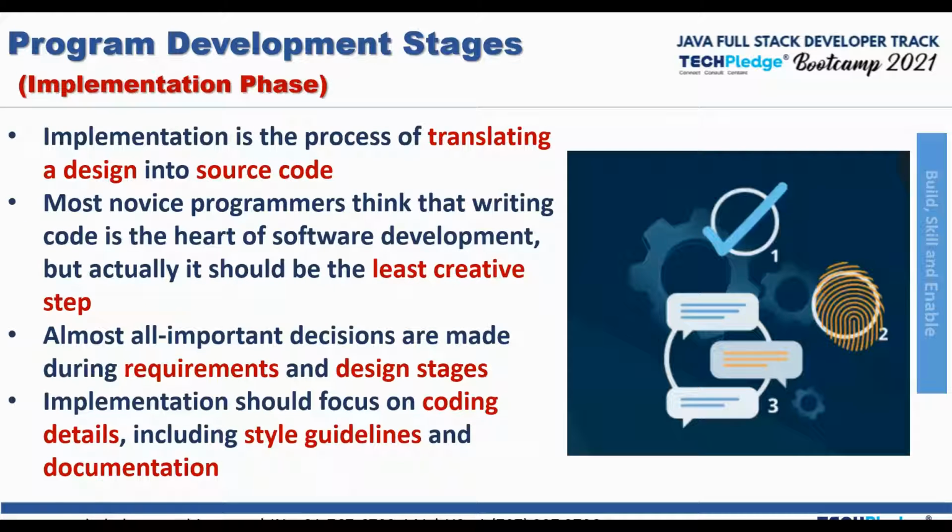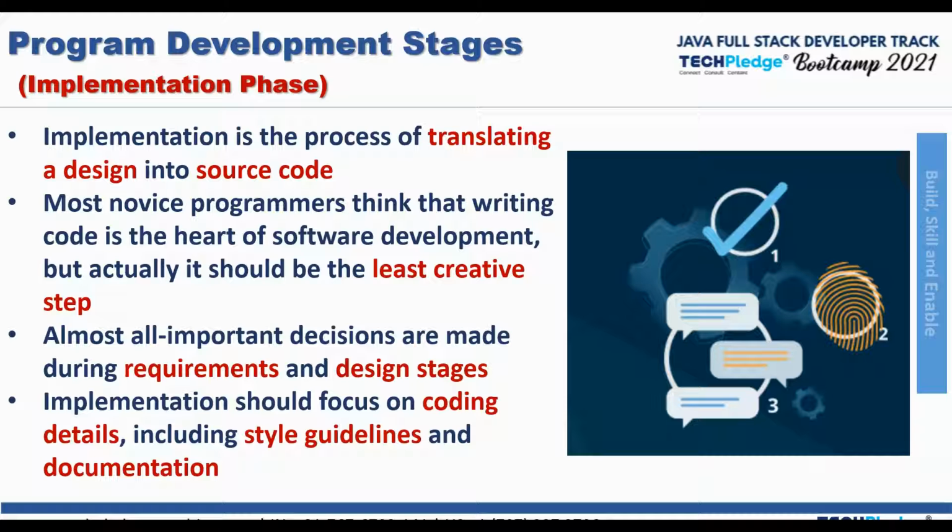The next step is the implementation phase. In this, the main coding part is done. The entire design is given to us, and our work is to sit and write the code, making sure the entire software is developed according to the design, taking into consideration all the requirements that the client has given us.